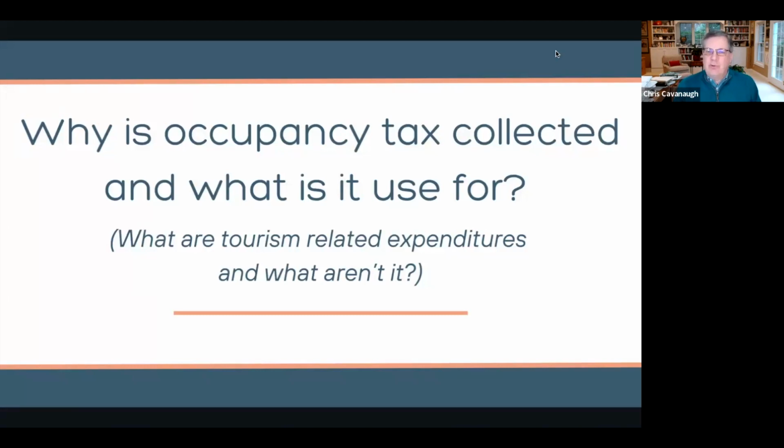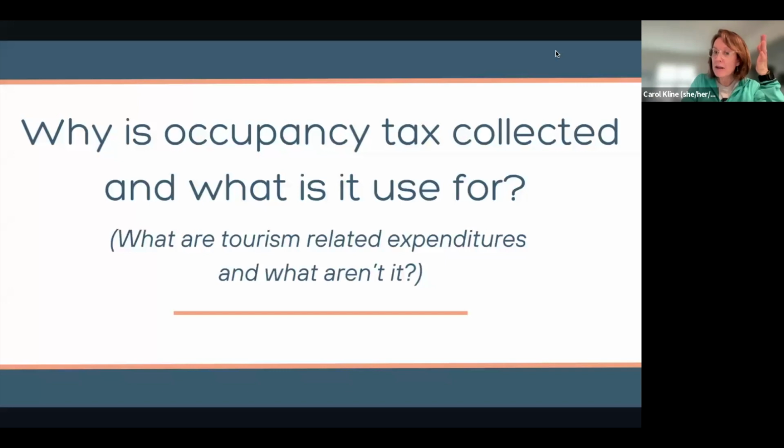And that's a pretty broad term. And there's no real hard and fast specific definition in North Carolina as to what a tourism-related expenditure is or what it is not.